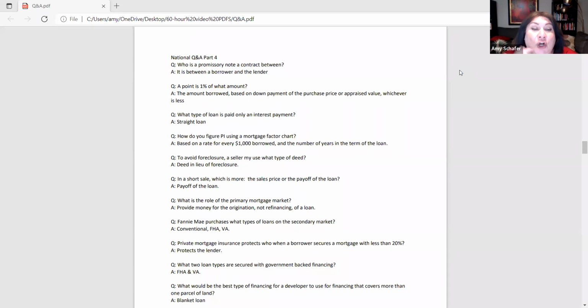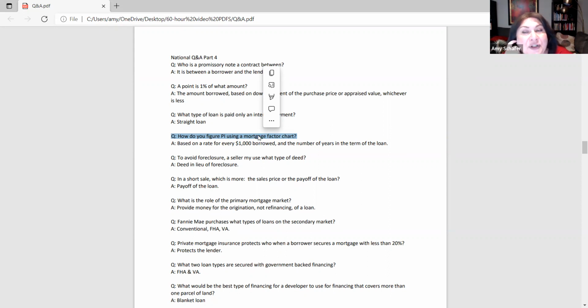Interest-only loans are known as straight loans. With a mortgage factor chart, where you're figuring principal and interest, you're going to use that chart based on the amount borrowed divided by 1,000. You'll use that factor number and multiply it by the mortgage factor number.